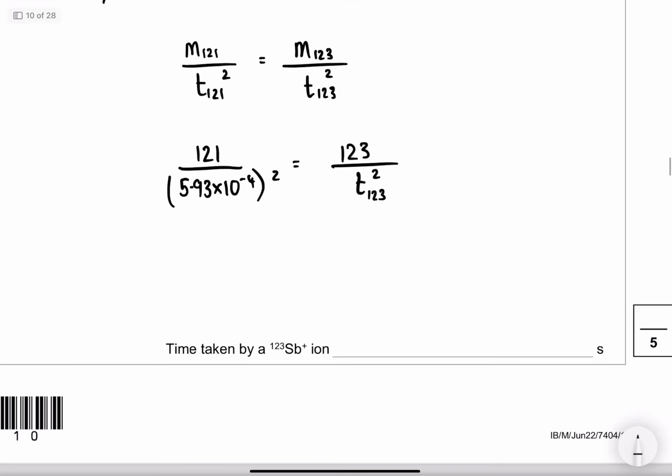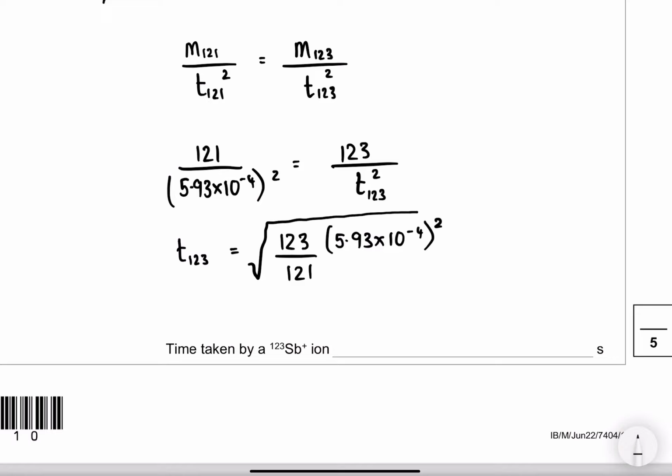So if we rearrange that, we can find that the time of the 123 is 123 divided by 121 times 5.93 × 10^-4. This is just a rearrangement, and then square root the whole thing, and this will give us the answer.